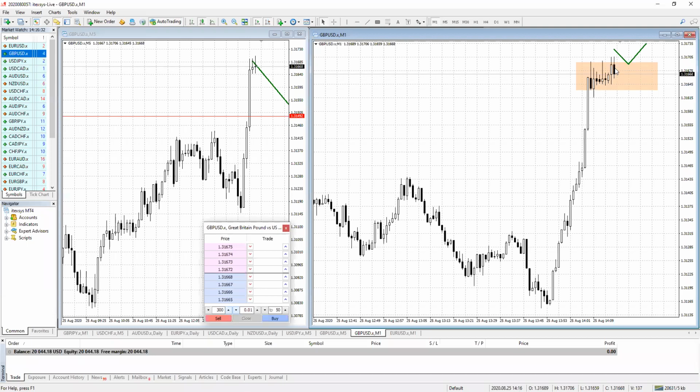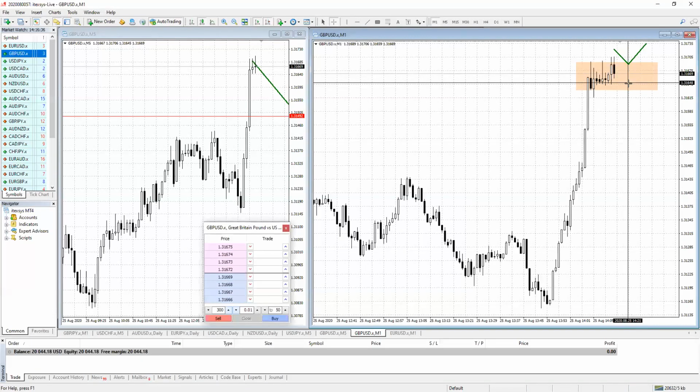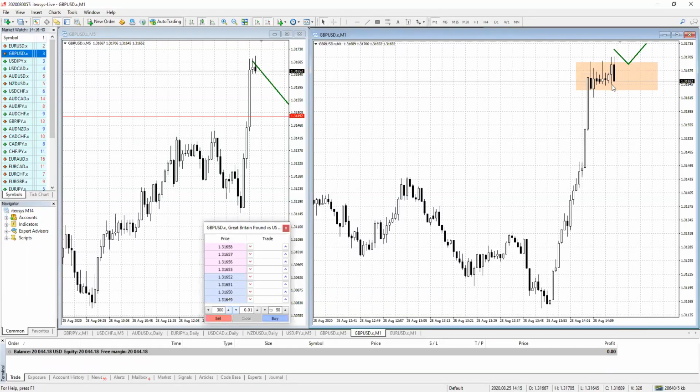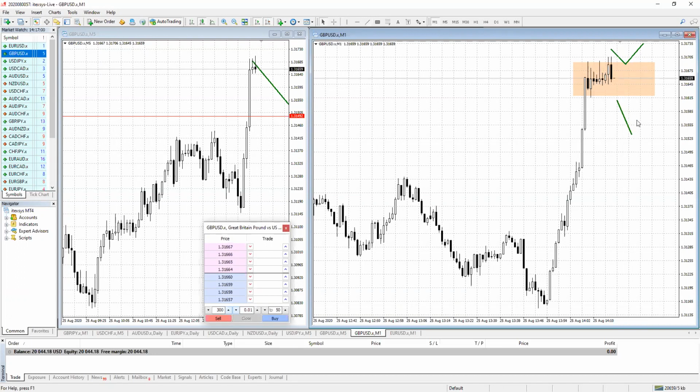Okay, I think I could try a little pullback. Let me see, how big is this range right here? We have 4 pips. If price comes down here, we could try to take a little scalp of the consolidation. But if you do this, we need to go very, very small, because price might break to the downside to form the pullback we're anticipating.